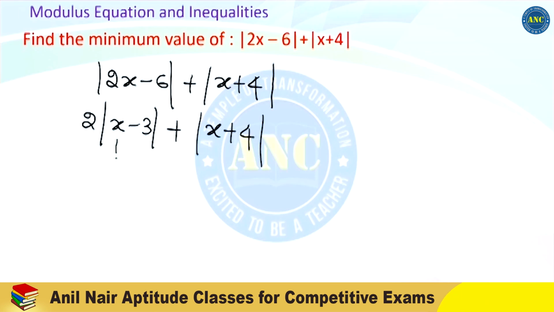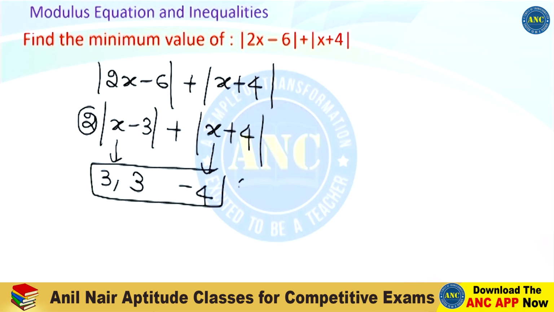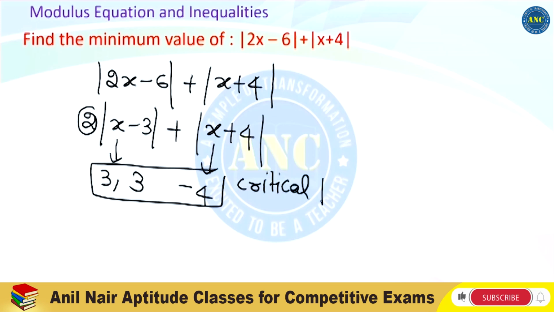So the critical point of x is 3. How many times is 3 written? 2 times. And x plus 4 equal to 0 gives minus 4. These are the 3 critical points, because before the modulus there is 2, so the critical point 3 is written twice.